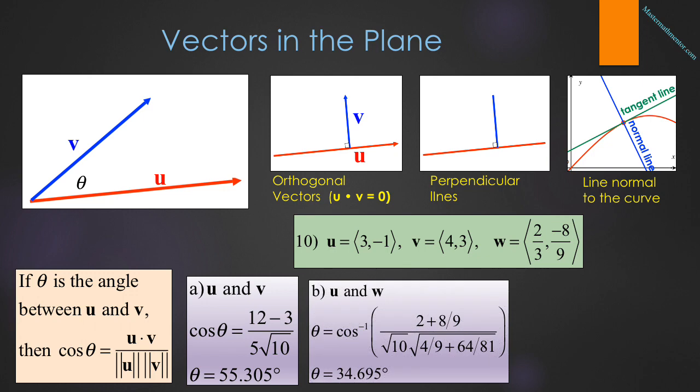In B, we want to find the angle between vectors u and w. So theta will be equal to the inverse cosine of the dot product of u and w, which is 3 times 2/3, plus negative 1 times negative 8/9, over the magnitude of u, which is the square root of 10, and the magnitude of w, which is the square root of 4/9 plus 64 over 81.